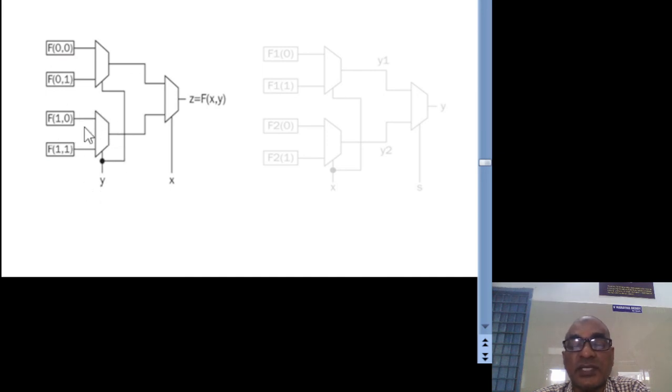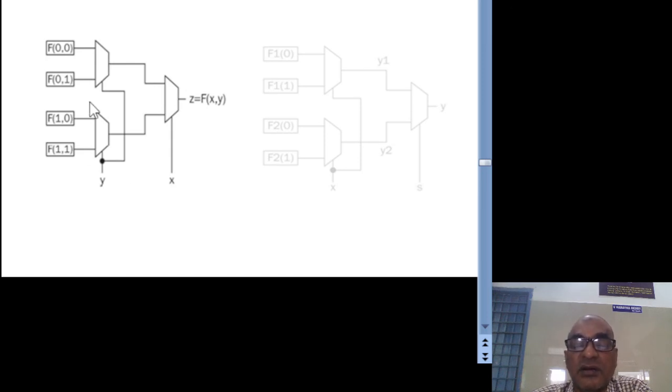Whatever way you divided the truth table, the multiplexers can be connected like that. The first level consists of two multiplexers, since the truth table consists of two parts.